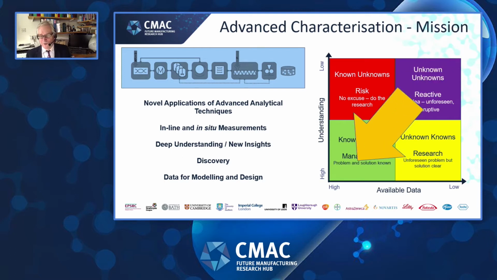We basically work on moving from the other three quadrants into that area to underpin the development and provide the knowledge transfer that enables the predictive design and control that is necessary.